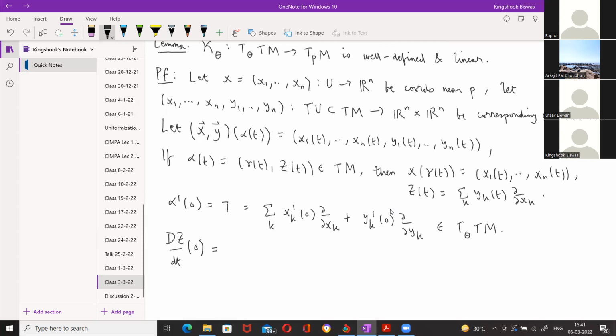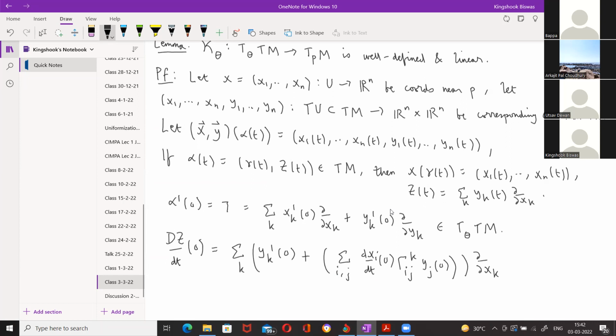This covariant derivative is the usual derivative, sum over k yk prime 0 plus sum over ij d xi dt at 0 into gamma ij k yj at 0, the whole thing del del xk, right?